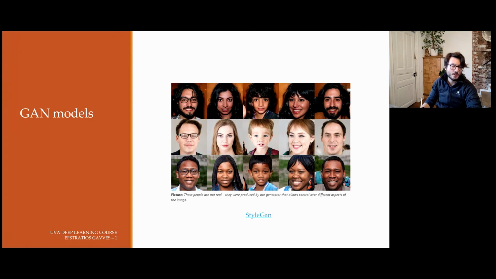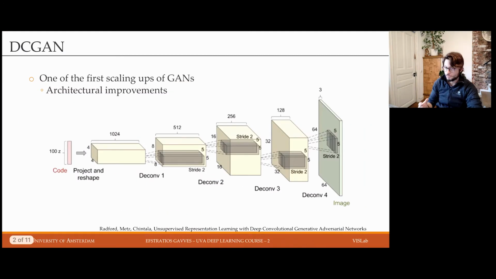Hi, now let's continue with various popular GAN architectures and models. So after the introduction of the generative adversarial networks, DC GANs were proposed, basically scaling up the neural network architecture, proposing some architectural improvements such that they can deliver some quite interesting and visible visual improvements.